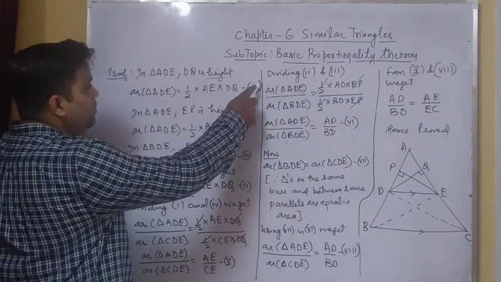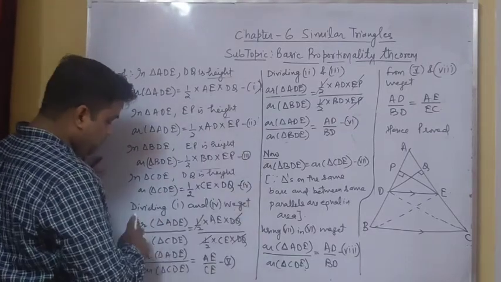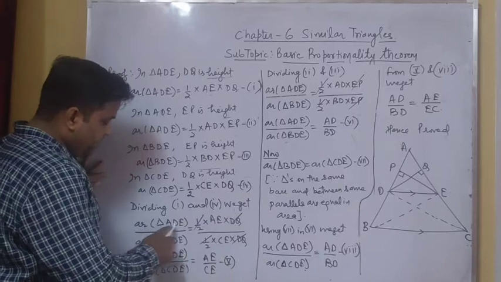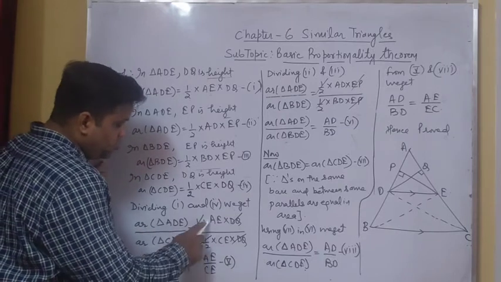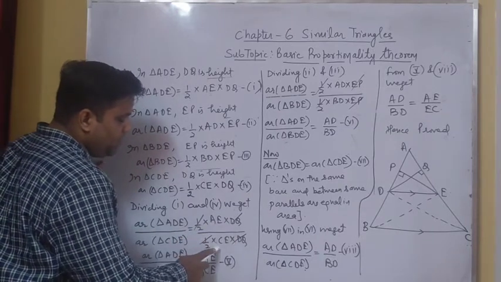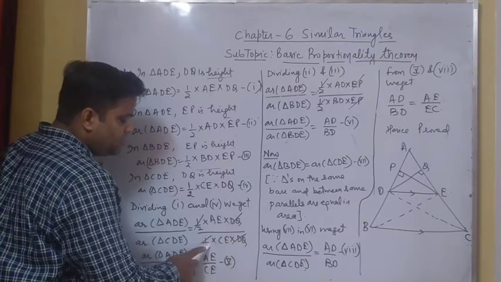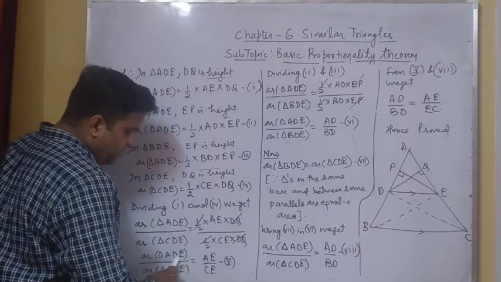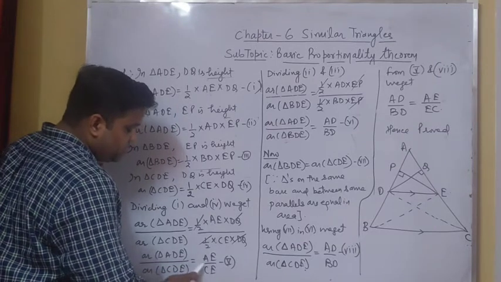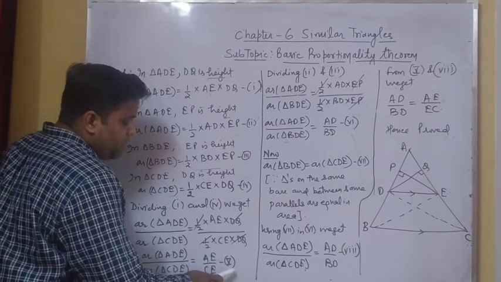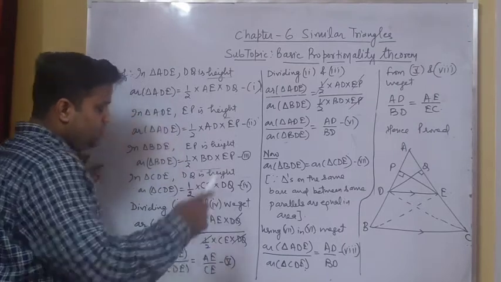On dividing equation first and fourth, we get area of triangle ADE by area of triangle CDE equal to half into AE into DQ upon half into CE into DQ. Here DQ cancels out, half cancels out each other, we get area of triangle ADE by area of triangle CDE is equal to AE upon CE, and we consider it as equation number 5th.